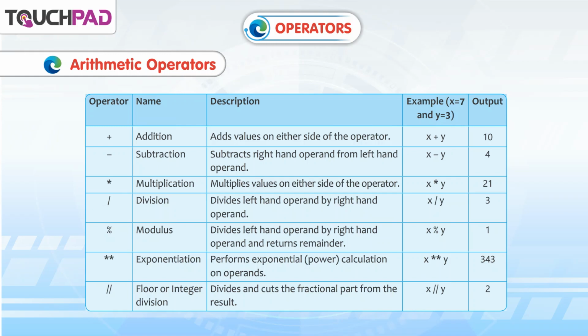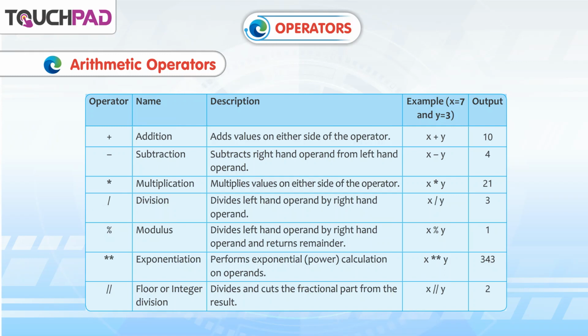Multiplies values on either side of the operator. X multiplied by y, 21. Division. Divides left-hand operand by right-hand operand. X divided by y, 3. Modulus. Divides left-hand operand by right-hand operand and returns remainder. X divided by y, 1.